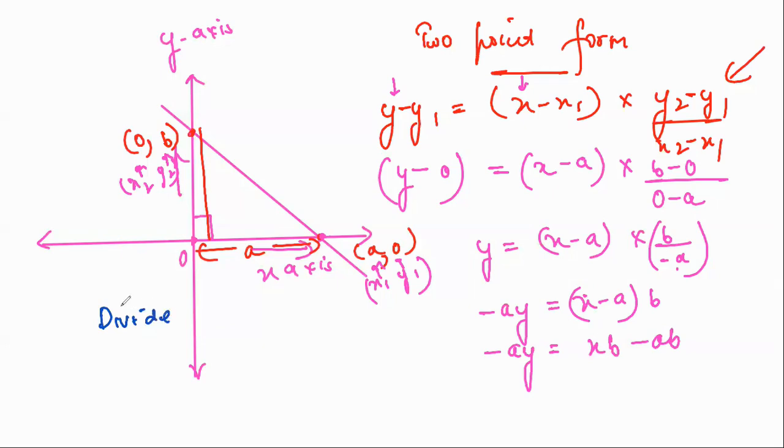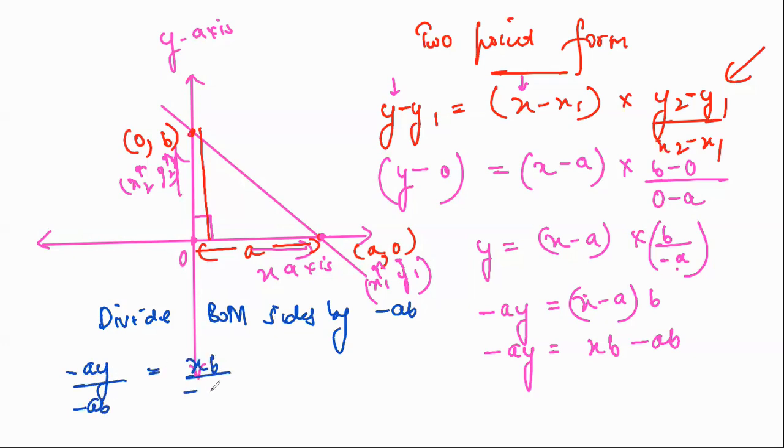Now I will divide both sides by minus ab. So it will be minus ay by minus ab is equals to xb minus ab by minus ab. So a cancels out, minus minus cancels out.